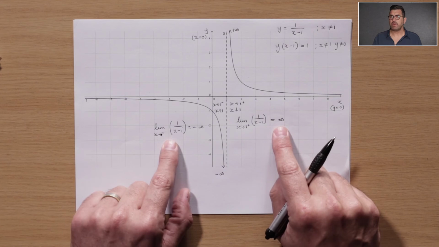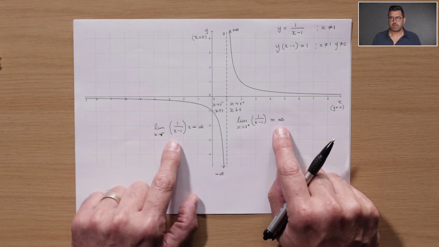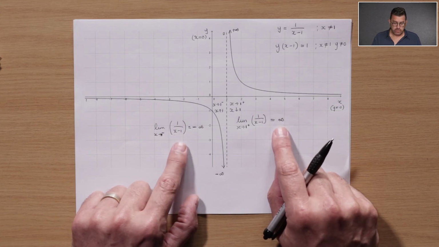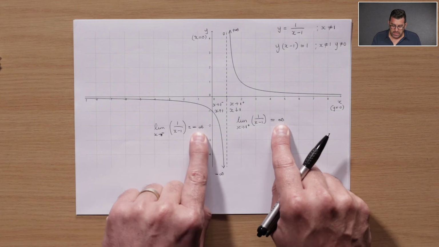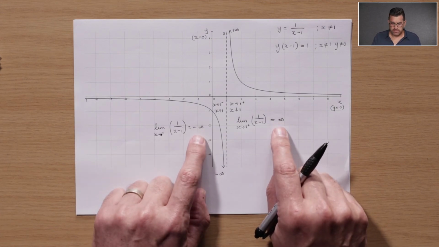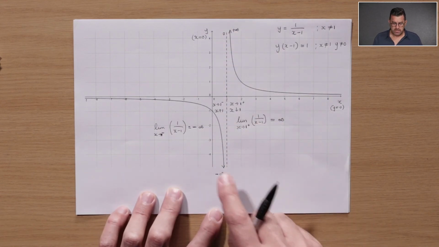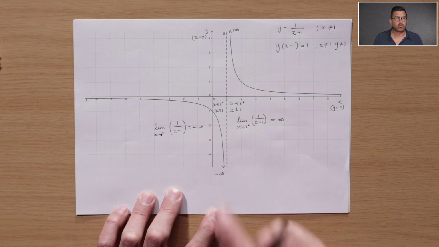Now this will become very important in the discussions we're going to have in our next video clip. This idea of them not going to the same value means that there's something that's interfering here. There's a vertical asymptote in this case. The limits around the point 1 are not the same.